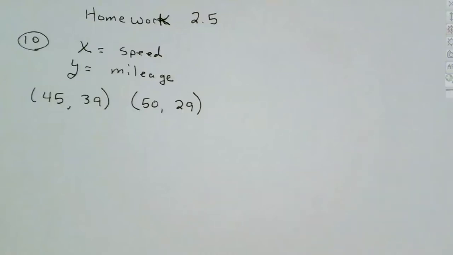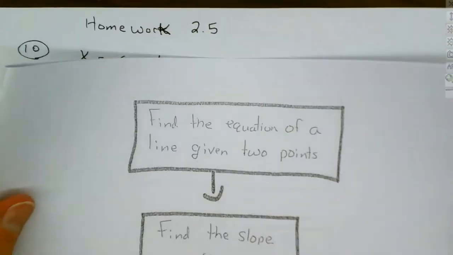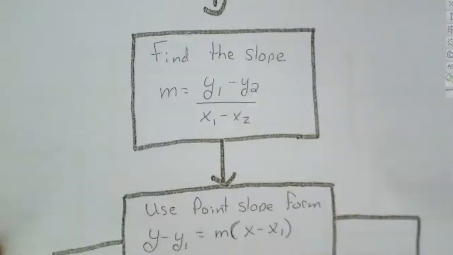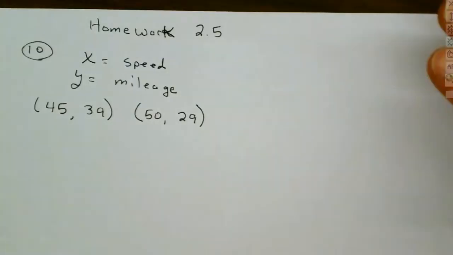What do we have here? 2 points. So, second page: find the equation of a line when you're given 2 points. What do we do? Find the slope. Step number 1.